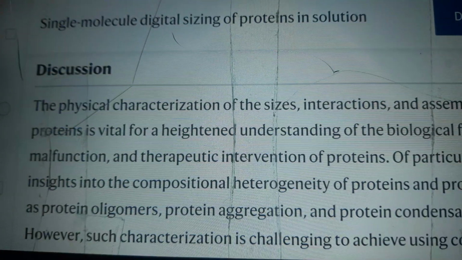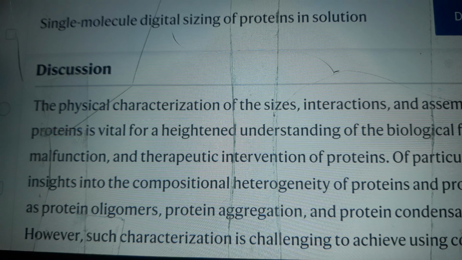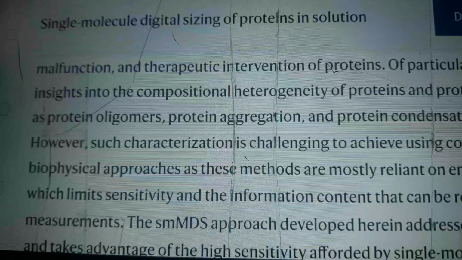Discussion. The physical characteristics of sizes, interactions, and assembly states of proteins are vital for a heightened understanding of the biological function, malfunction, and therapeutic intervention of proteins. Of particular interest are insights into the compositional heterogeneity of proteins and protein mixtures, such as protein oligomers, protein aggregation, and protein condensate systems.